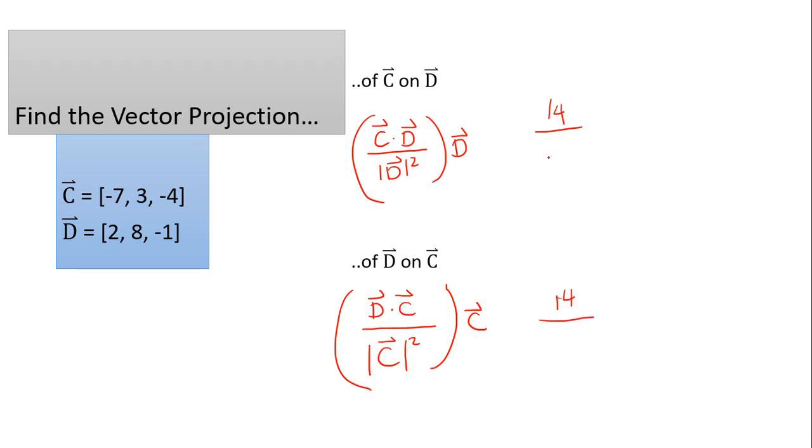And we knew that the magnitude of D was root 69. So if I square root 69, there we go. We know the magnitude of C was root 74 from the other side. So if I square root 74, okay.